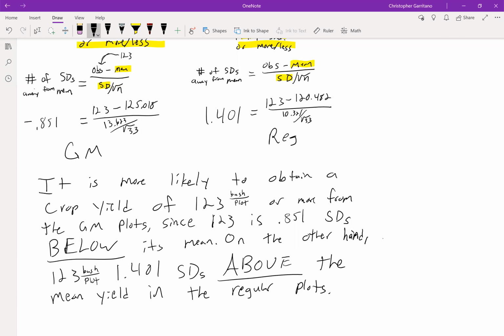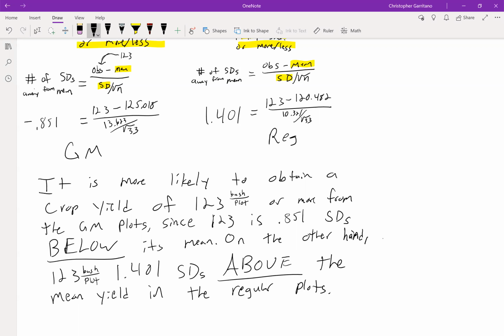Whereas for regular, observing 123 bushels per plot on average would be 1.401 standard deviations above the mean yield for regular plots. And so it's very obvious in this case to argue that genetically modified gives you the much better chance of observing that yield of 123 bushels per plot or more.